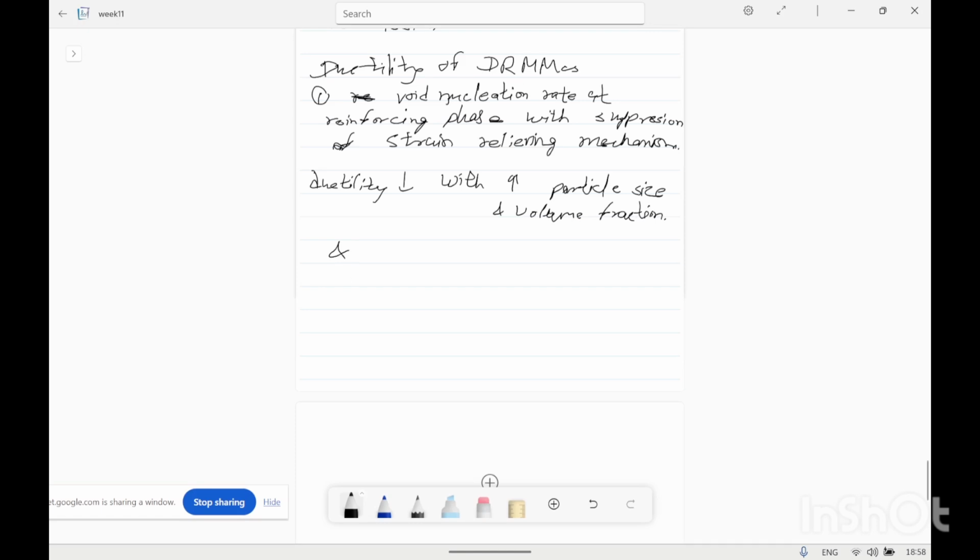And ductility also decreases as the void nucleation rate increases.